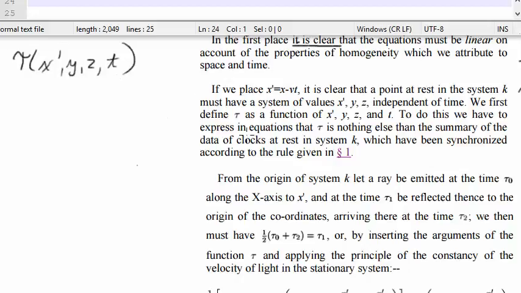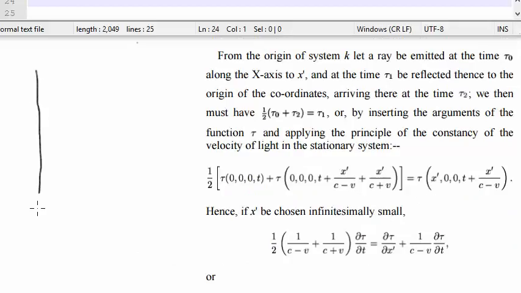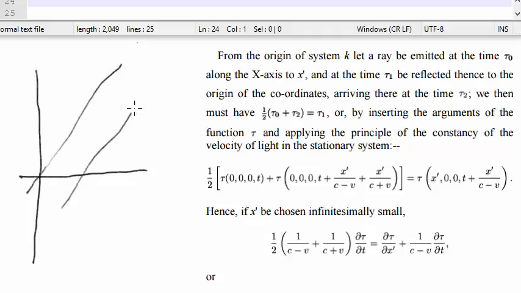To do this, we have to express in equations that tau is nothing else than the summary of the data of the clocks at rest in system k, which have been synchronized according to the rule given in section 1. From the origin of system k, let a ray be emitted.